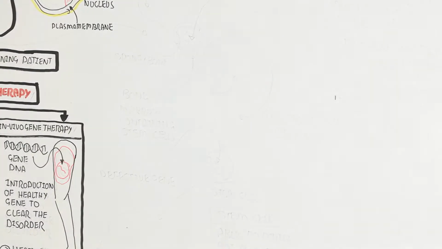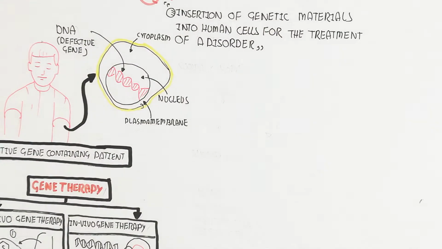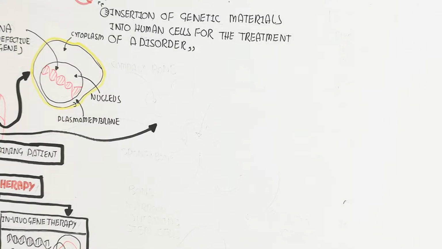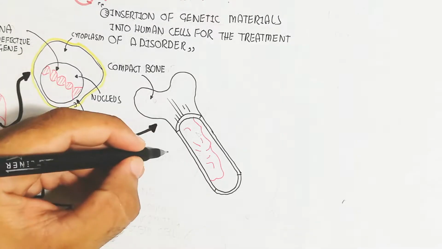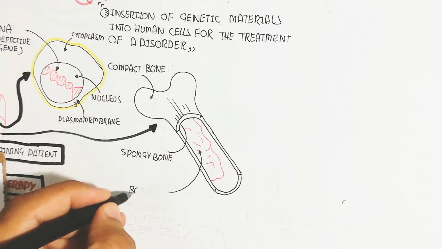So let's begin to understand with the person's bone marrow. Let's exemplify here. So this is the bone which contains compact bone and spongy bone as well as the bone marrow.